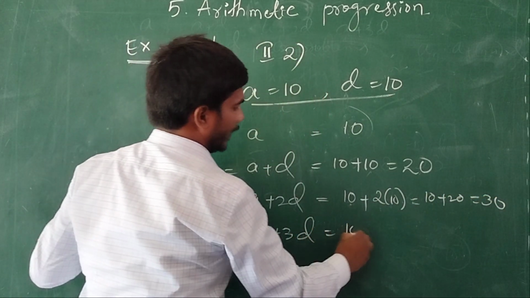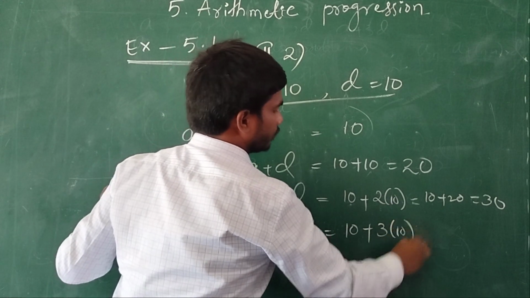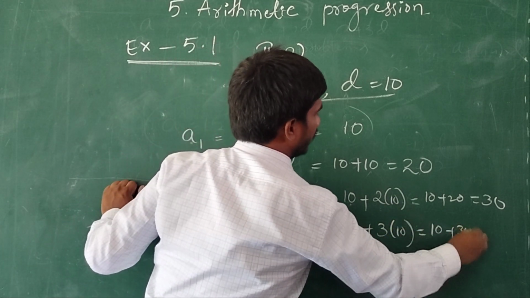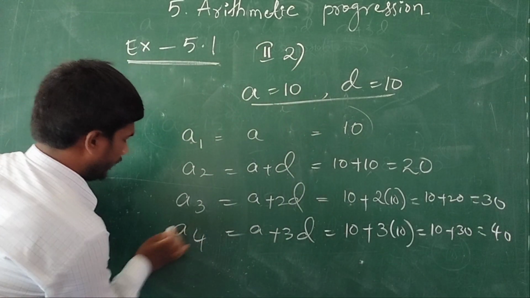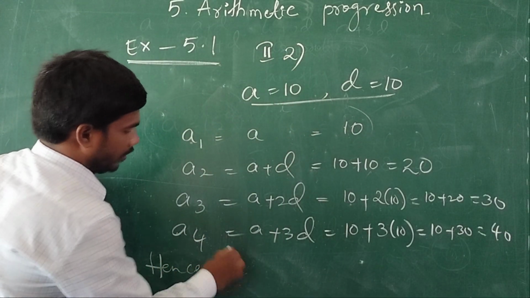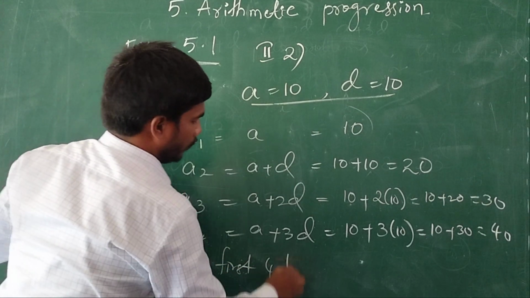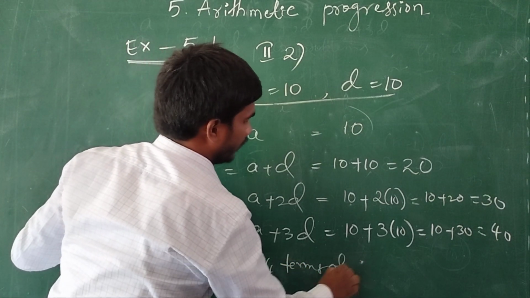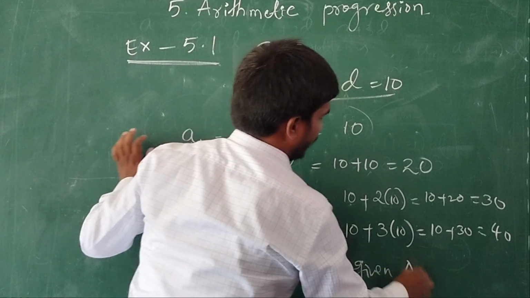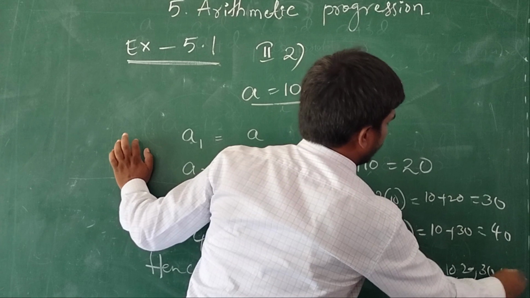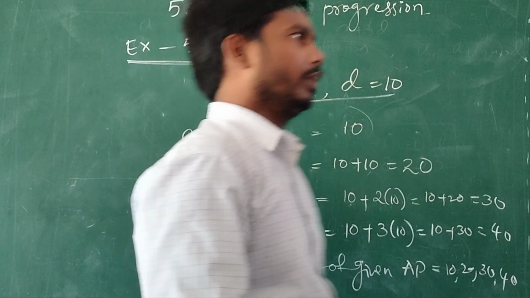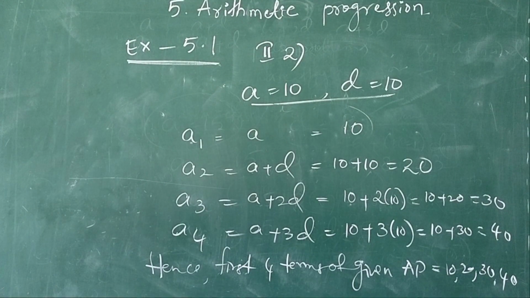Fourth term, A plus 3D, 3 into 10, 10 plus 30 is 40. So the first 4 terms of the given AP are 10, 20, 30, 40.